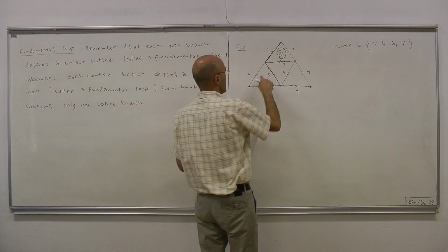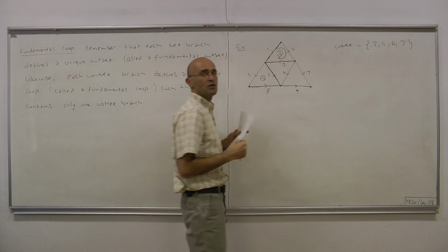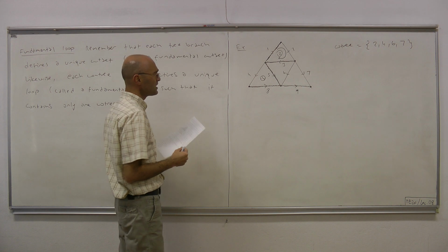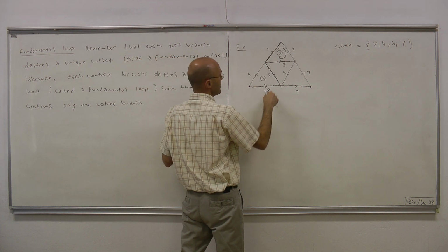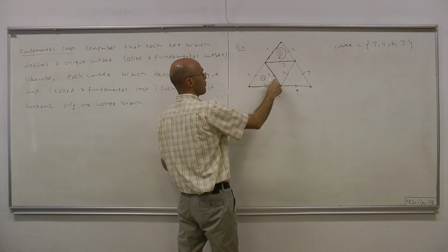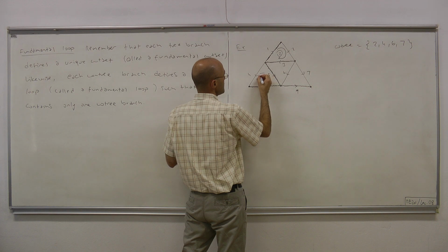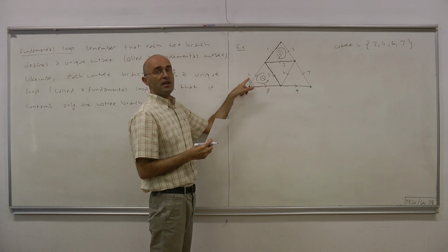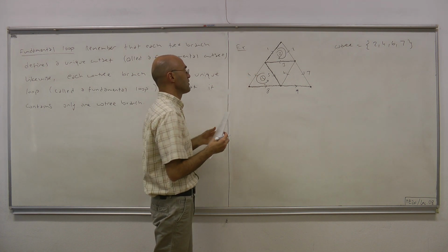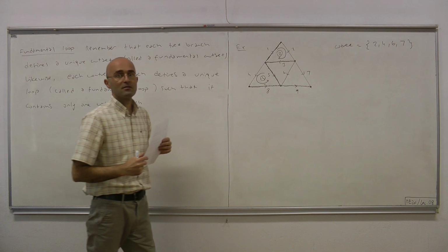Then we have cotree branch 4, and that should define a fundamental loop. That fundamental loop, not surprisingly, is 4, 5, and 8. It's easy to see. Its direction is, again by convention, the same as the direction of the branch, which makes the direction of the loop counterclockwise.